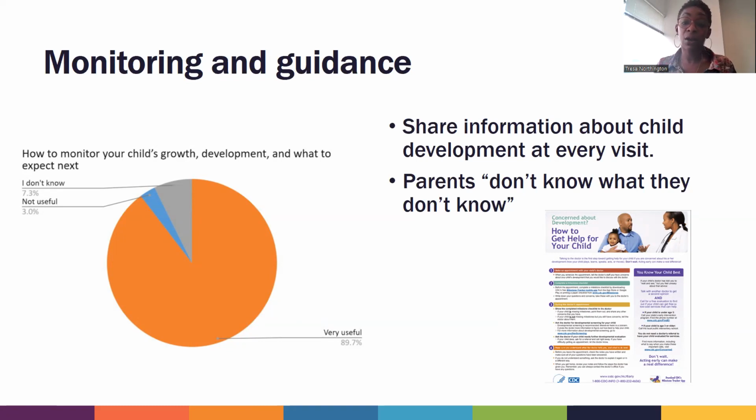A lot of parents, at 89.7%, said that having that information would be extremely useful because, as we know, oftentimes we don't know what we don't know. And for parents, it's the same thing. They don't know what they should know about their child's growth, about their development, and what to expect. And we have an opportunity to provide them with that information, especially through some of the materials that we're going to see a little bit later, some of those resources.